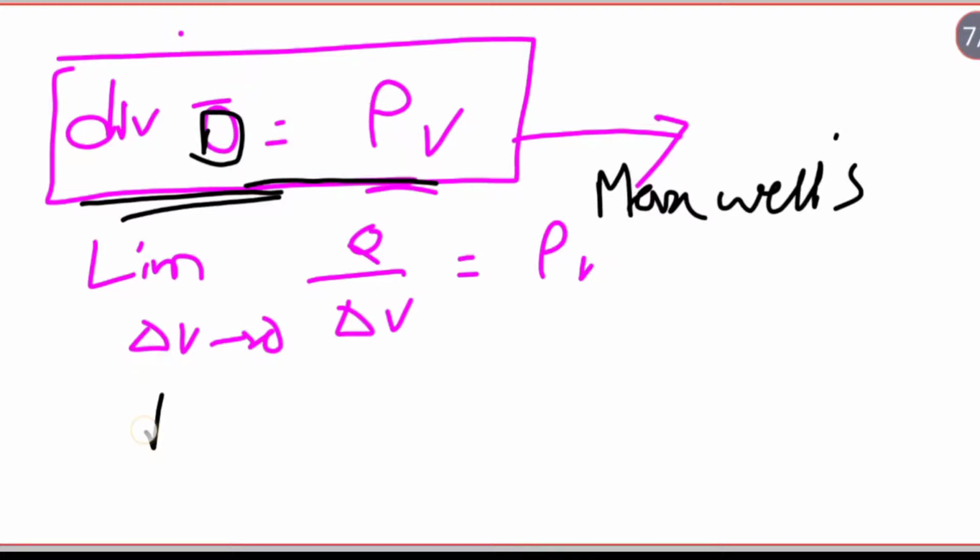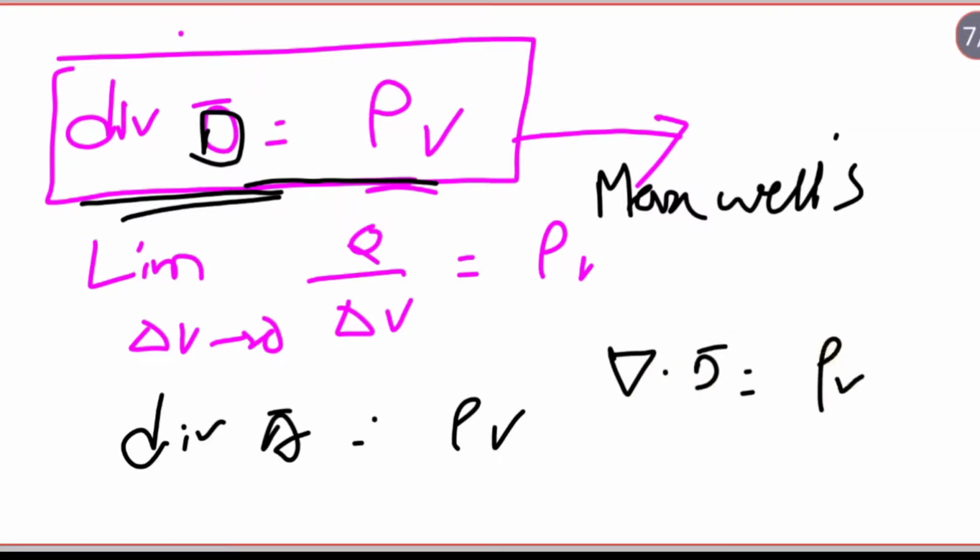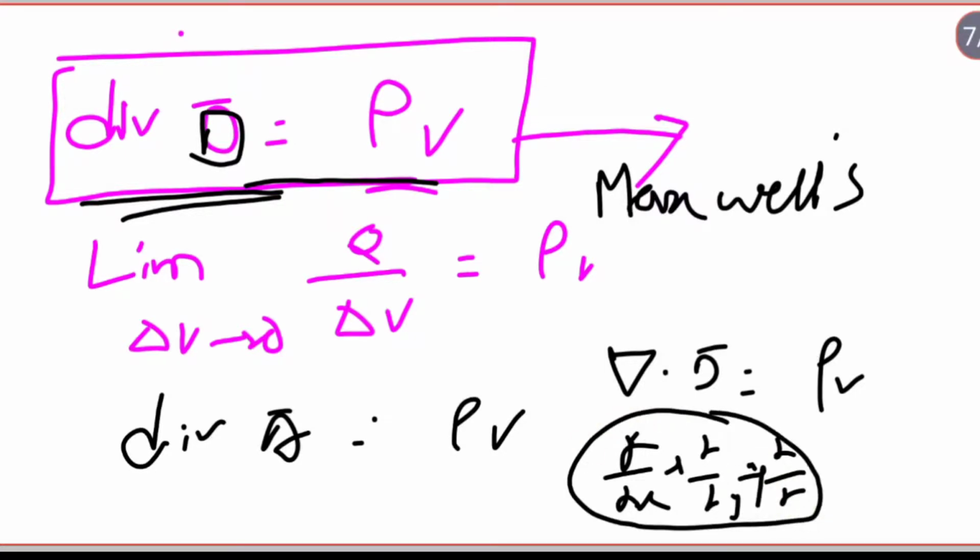We can say that divergence of D bar equal to ρv also. Divergence of D bar means del dot D bar equal to ρv, where del is the partial differentiation operator: ∂/∂x plus ∂/∂y plus ∂/∂z.